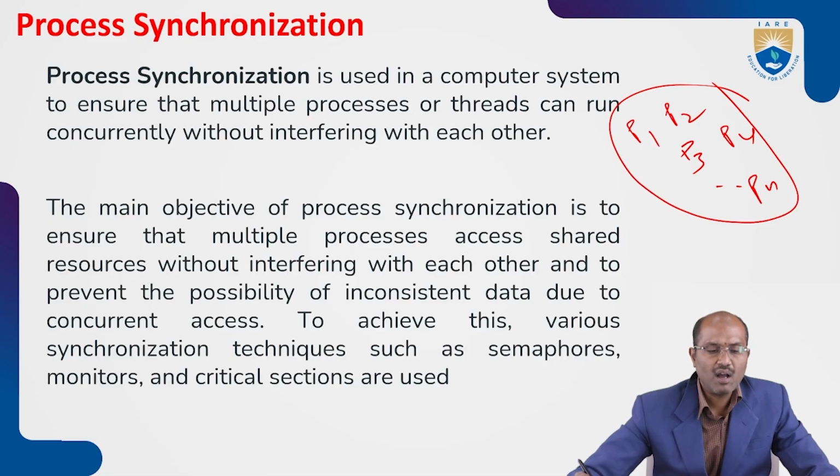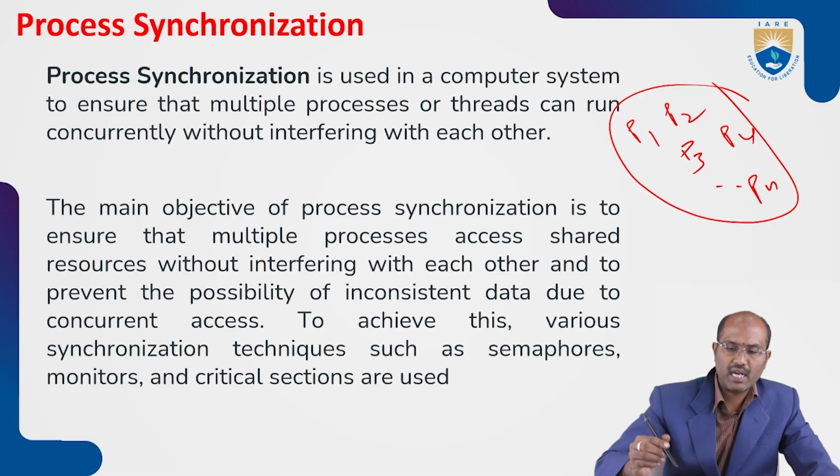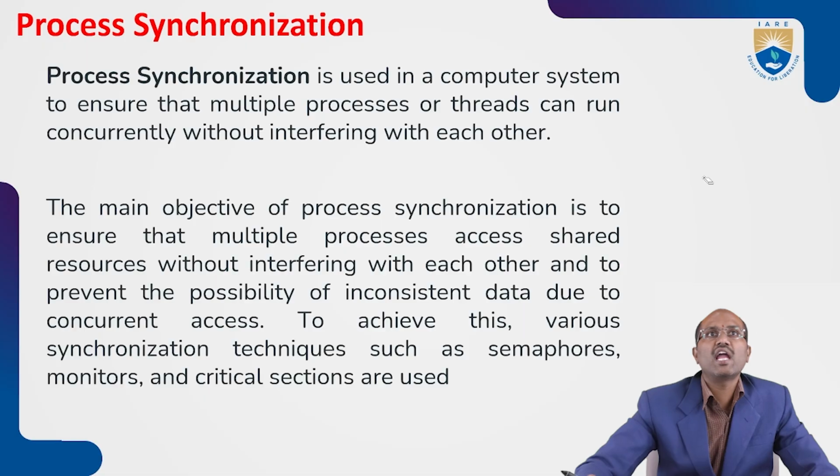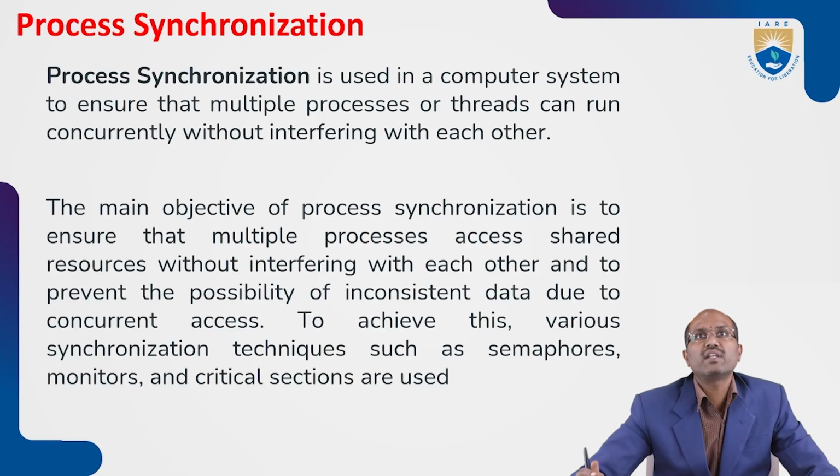The main objective of process synchronization is to ensure that multiple processes access shared resources without interfering with each other, and to prevent the possibility of inconsistent data due to concurrent access. To achieve this, various synchronization techniques such as semaphores, monitors, and critical sections are used.